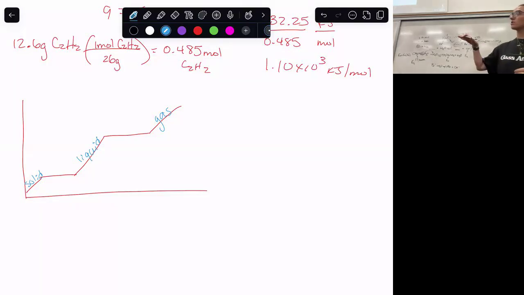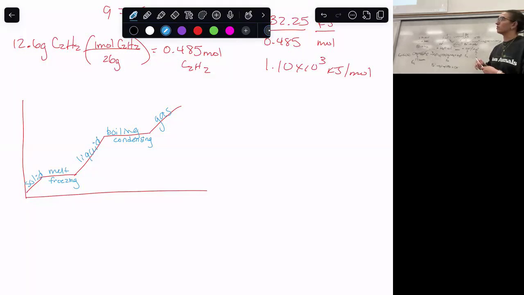And on the horizontal lines, this is either your melting or your freezing, or your boiling or your condensing. And each component has an equation that you can identify to each part of the graph.